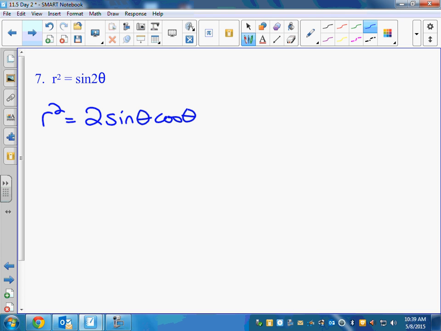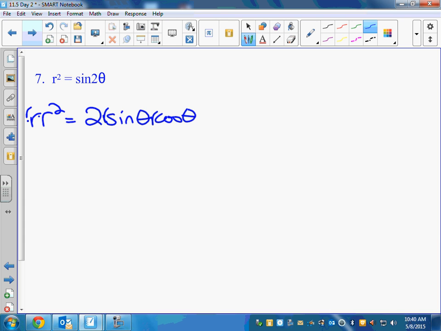Now we have to think about what we want to do in here. If we times by r, we can put an r with this sine, right? So can I times by r again, to fit an r in there? A lot of r's over there, right?